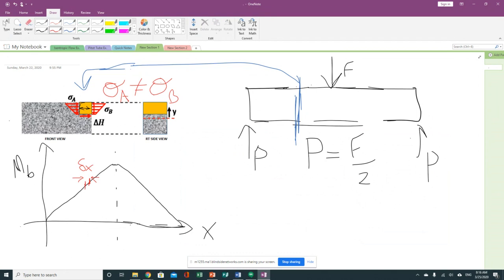That's what this delta H guy is down at the bottom here. It's some horizontal force that is going to be required in order to balance the normal forces created by those unequal normal stresses in order to put that stress cube into static equilibrium.